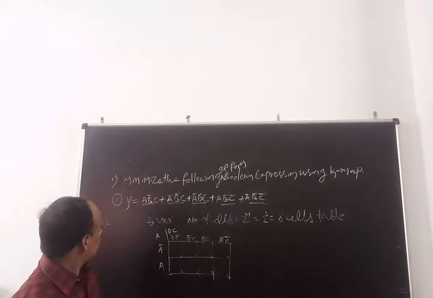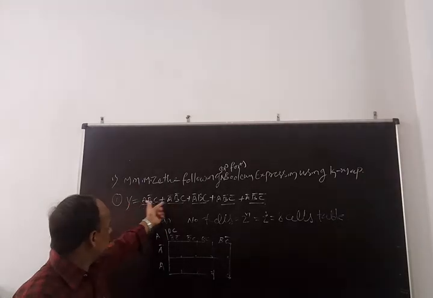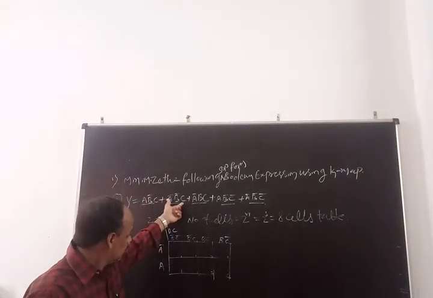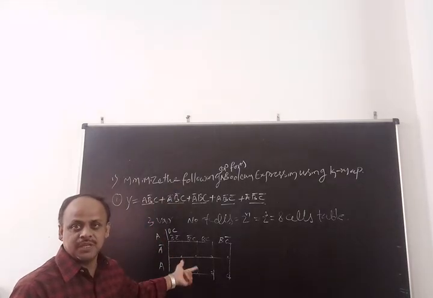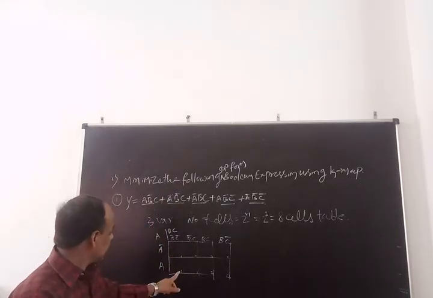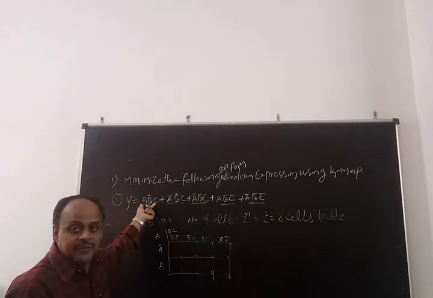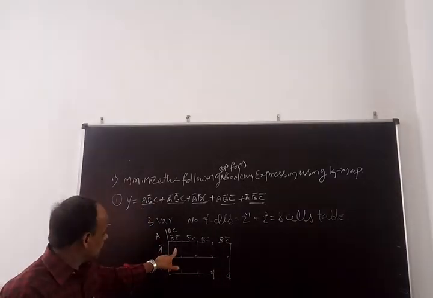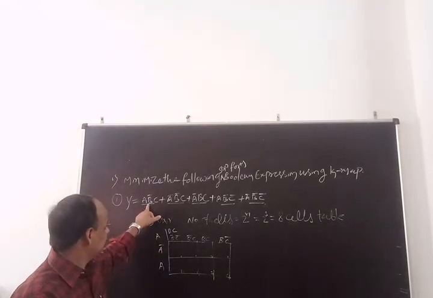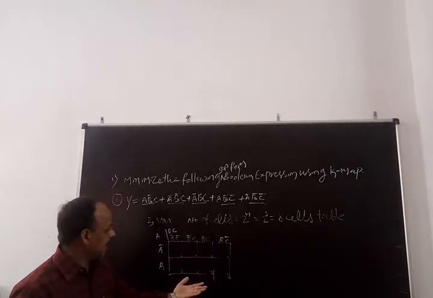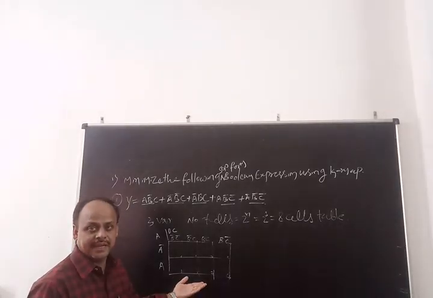Right? In some expressions it directly gives the min terms. If we know the min term cells, we directly add ones in the respective min terms. If the min term designation is not given, and the min terms are given, we have to place ones where each min term matches. So this is the 8 cells, 3 variable table.